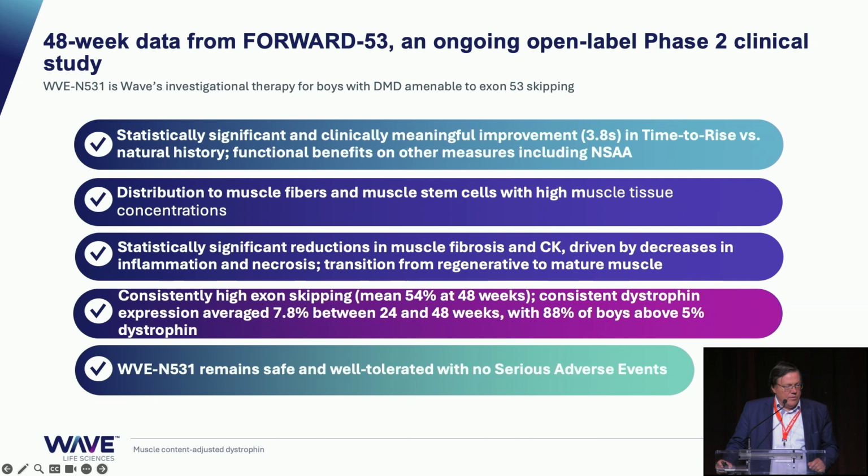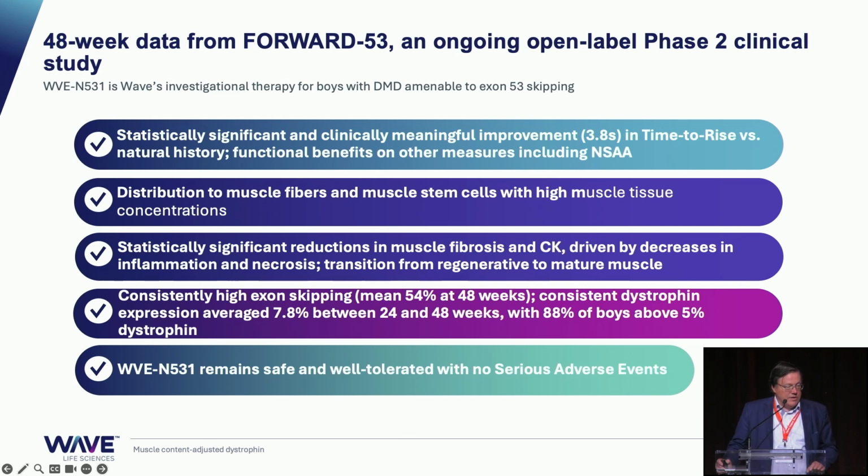It was shown, in 11 patients that were treated with it, a 3.8 second improvement in the time to rise versus the natural history. That's the really important outcome of the data. Distribution to muscle fibers with high muscle tissue concentrations, and reductions in muscle fibrosis and CK, driven potentially by decreases in inflammation. I'll show you some pictures of that for a moment.